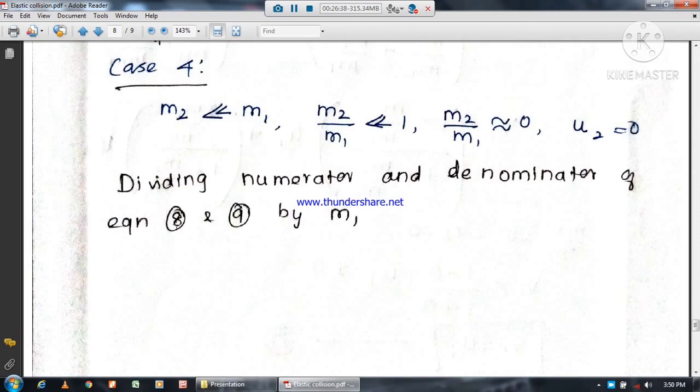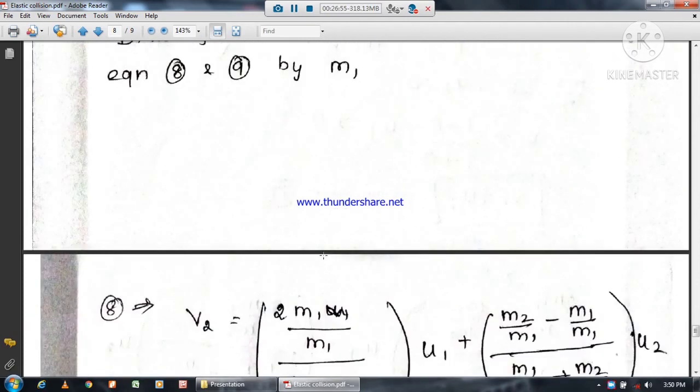And the next case, the second body is very much lighter than the first body, that is m2 is less than m1. That means m2 divided by m1 is less than 1, which is approximately equal to 0, and the second body is at rest, right?